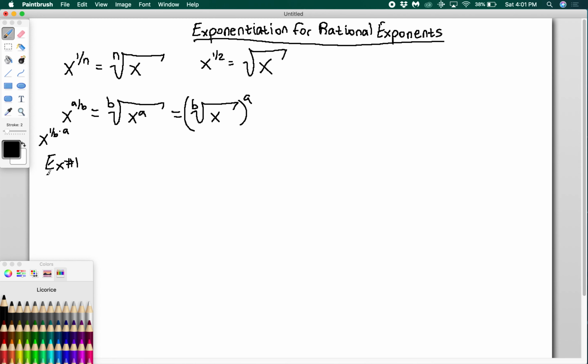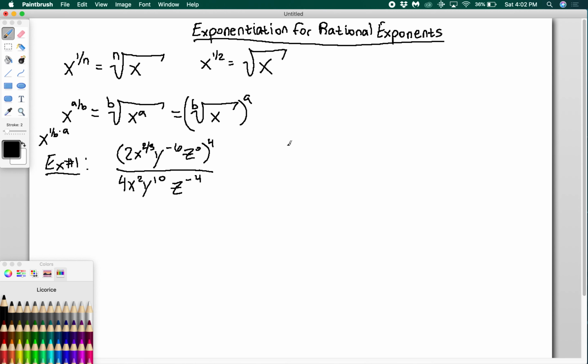Let's do example 1. Suppose I have something pretty involved. I have 2x to the 2/3 power times y to the negative 6 times z to the 0, all raised to the 4th. And I have that divided by 4x squared y to the 10 z to the negative 4. How do I simplify this?